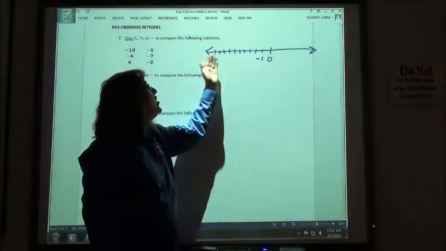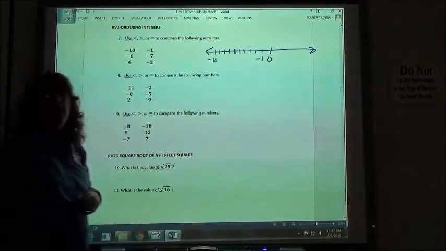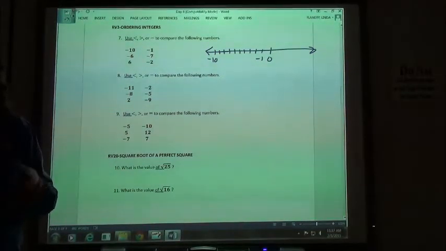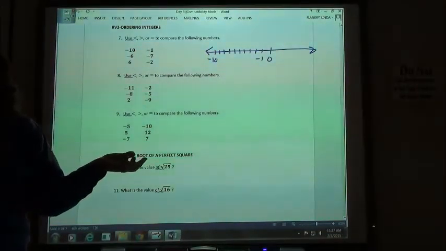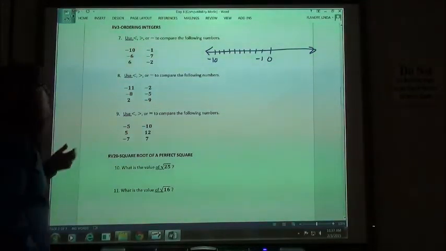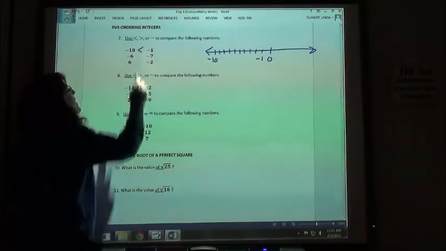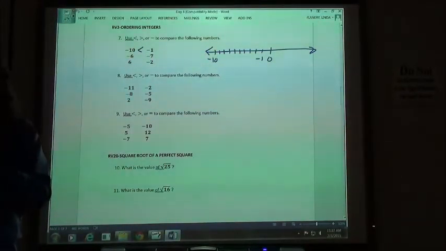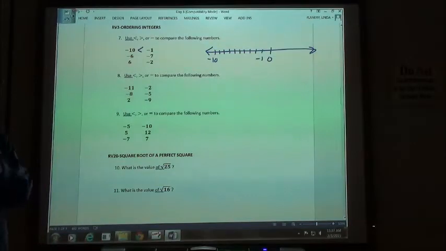Since -10 is on the left side of -1, it has a lower value. I like to think of it like the temperature. If the temperature is -10 degrees, or if the temperature is -1 degree, -10 is a lower temperature than -1. So -10 is less than -1. So with negative numbers, the bigger number actually ends up having the lower value.